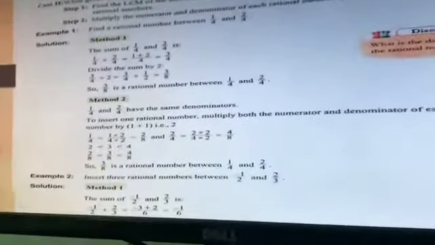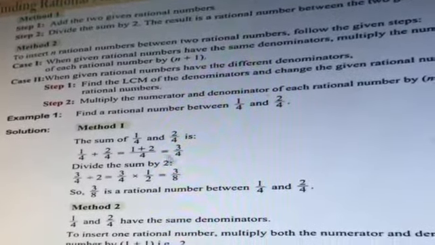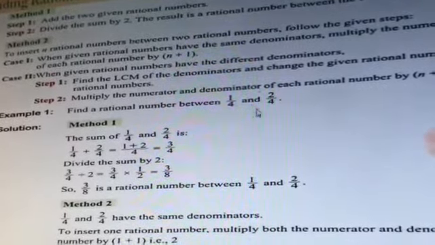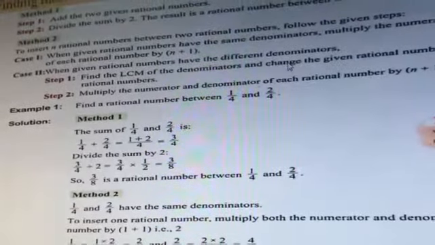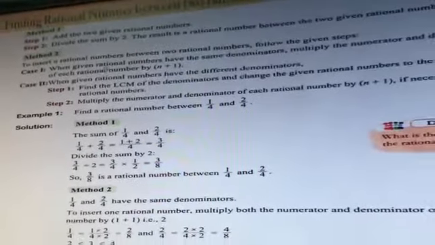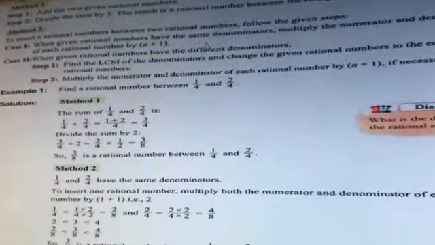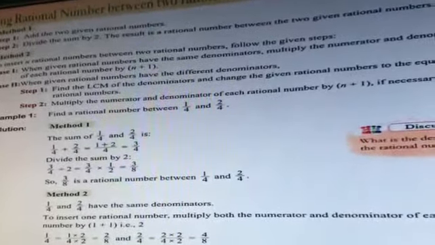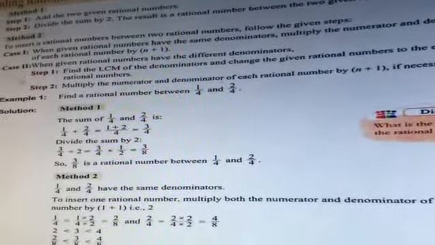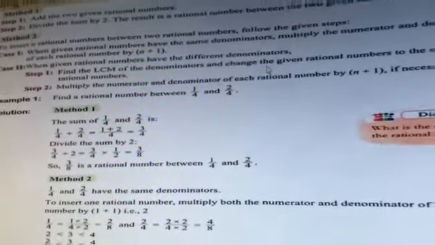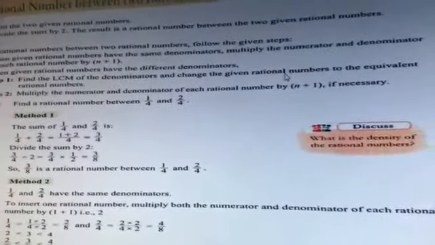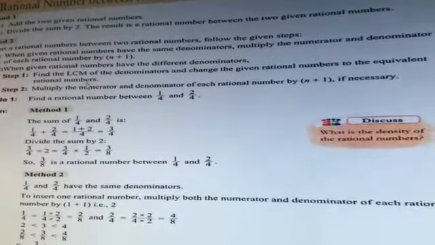Next is case 2, when the given rational numbers have different denominators. In the first example we did the same denominator, but in the next we will do different denominators. So in case 2, when given rational numbers have different denominators, step 1: find the LCM of the denominators and change the given rational numbers to equivalent rational numbers.